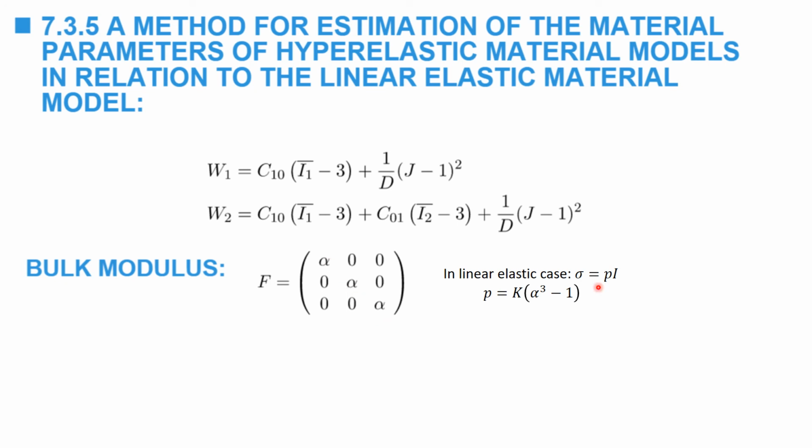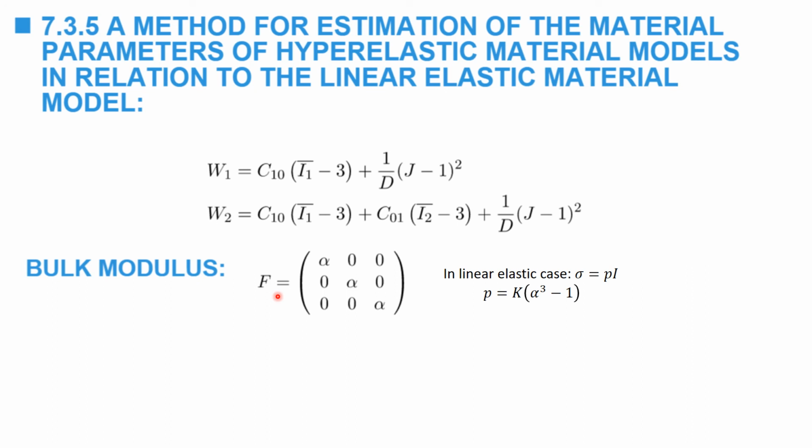In the linear elastic case, if you actually do the calculations, the stress is equal to a hydrostatic pressure, P, multiplied by the identity matrix. And this hydrostatic pressure is equal to K, the bulk modulus, multiplied by the volumetric strain. The volumetric strain is equal to delta V over V, or in large deformations is equal to the determinant of F minus 1. The determinant of F is equal to alpha cubed.